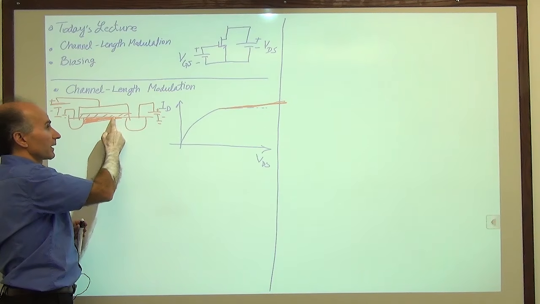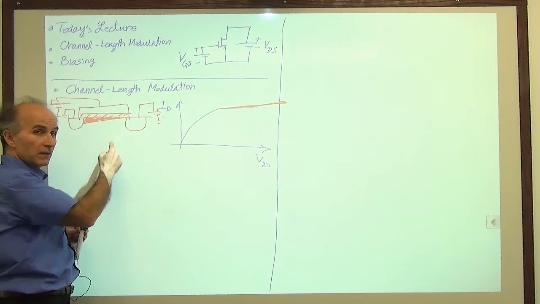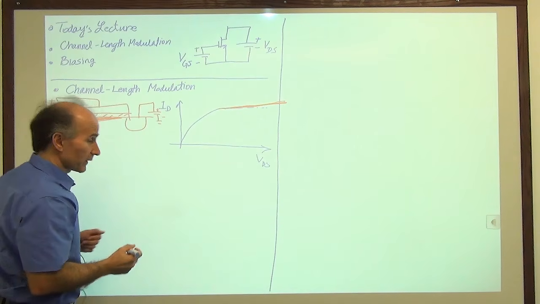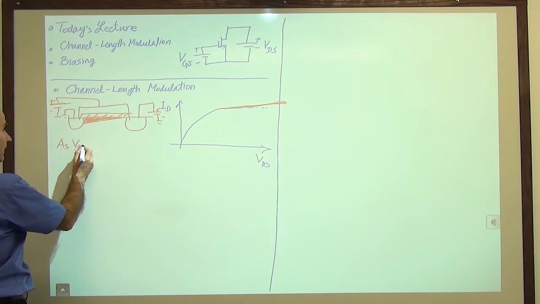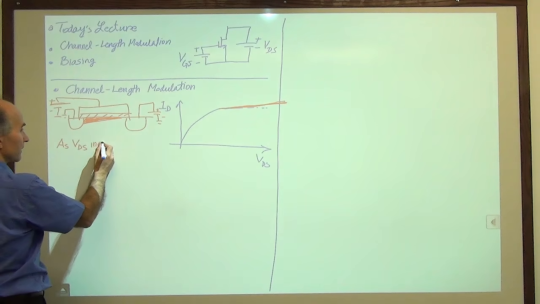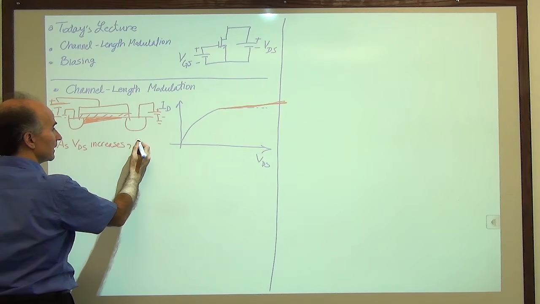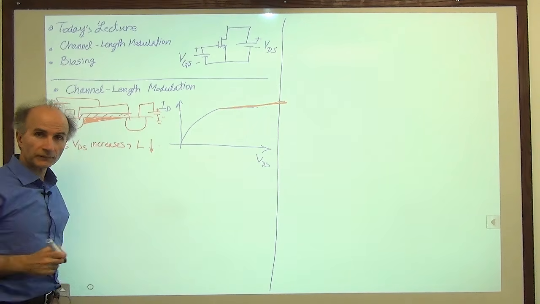The pinch-off has to happen at a shorter distance so that the voltage difference between these two is one threshold. So in other words, as VDS increases, the channel length actually decreases.